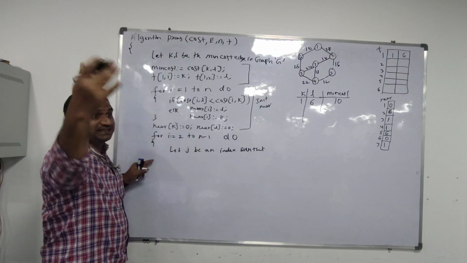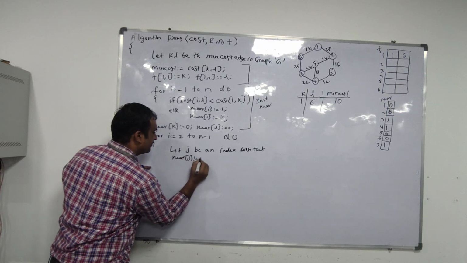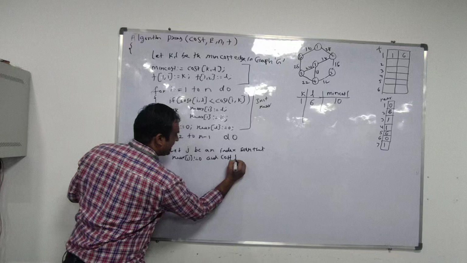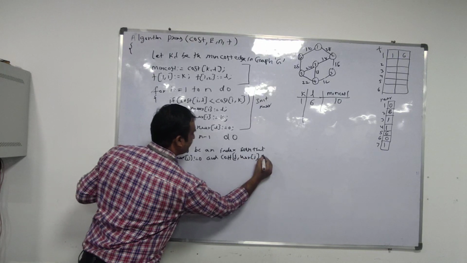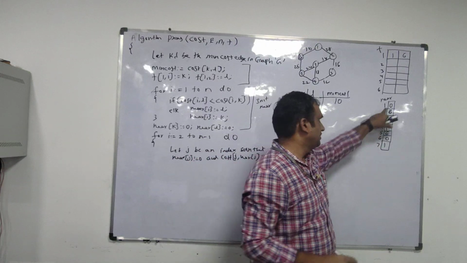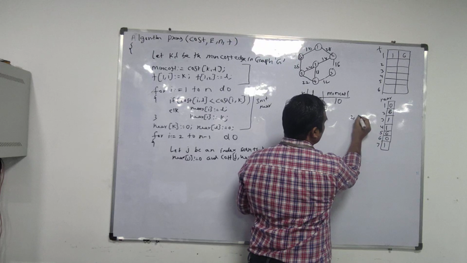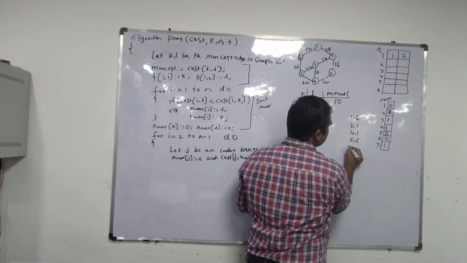Now please find out which values of near of J are 0: 1 and 6. Other than 1 and 6, find out the remaining values: 2 comma 6, 3 comma 1, 4 comma 1, 5 comma 6, 7 comma 1.